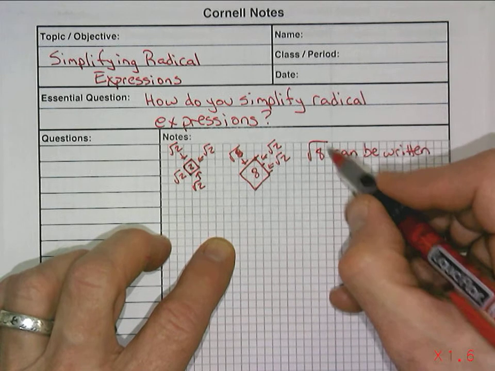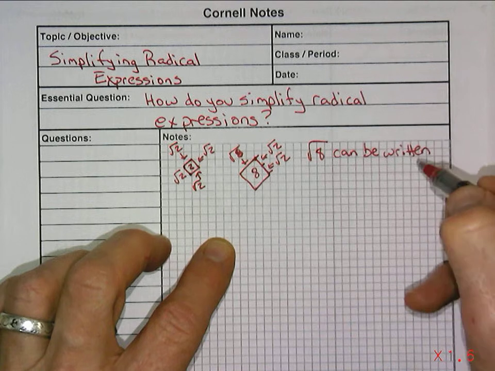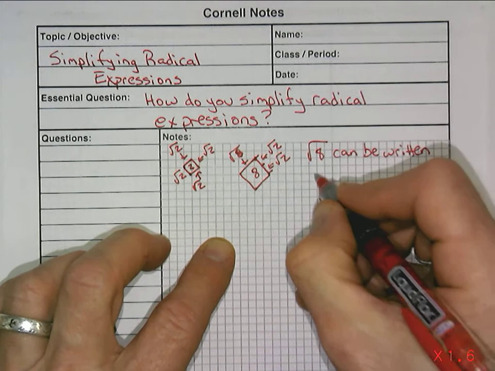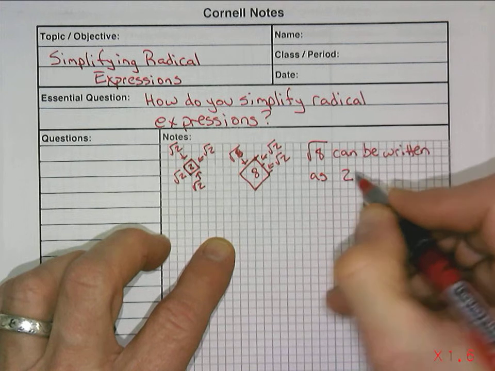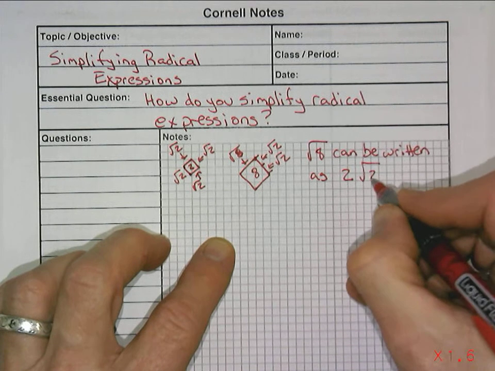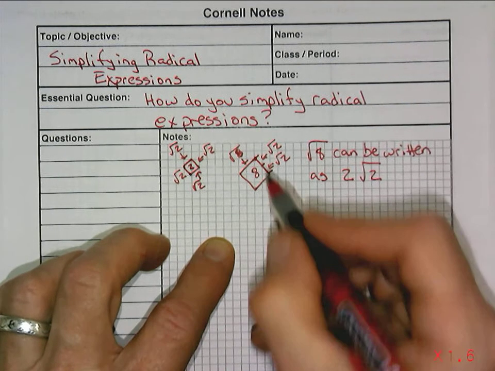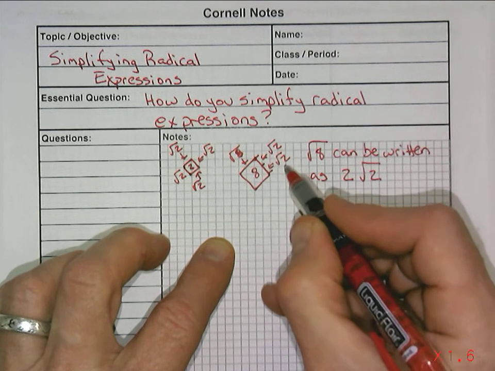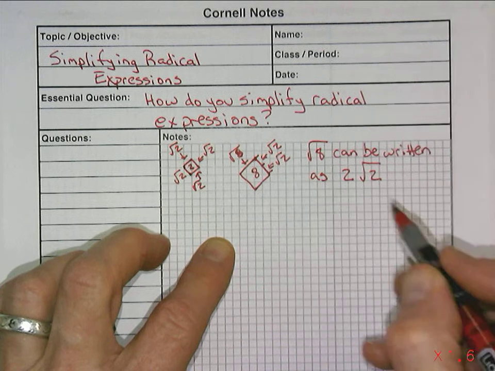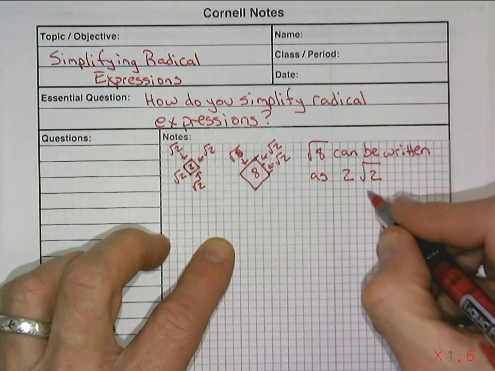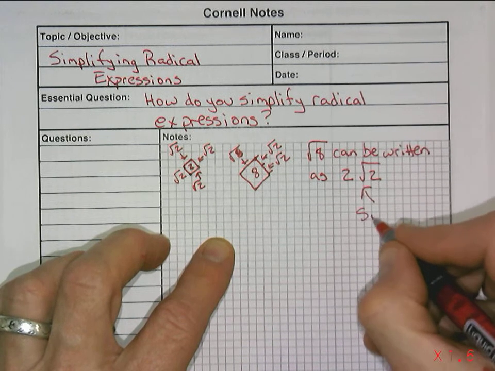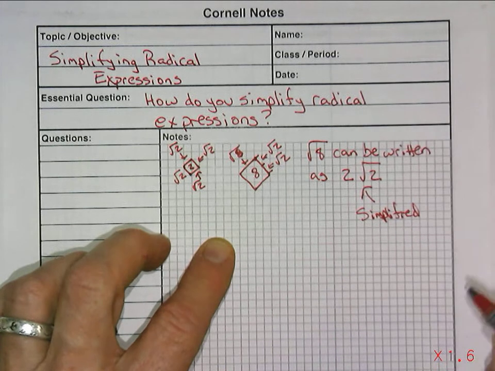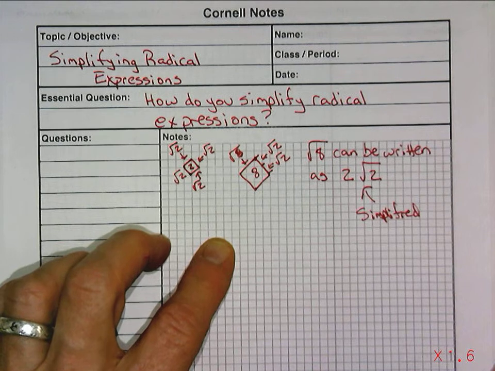The square root of 8 is fairly large, but we can rewrite it as 2 square roots of 2. So that distance, the square root of 8, is the same as 2 square roots of 2 long. In this case, we would consider this to be a simplified version of the square root of 8.